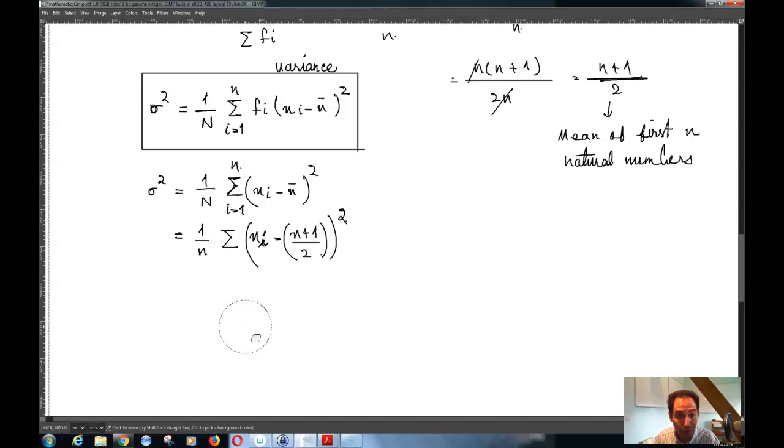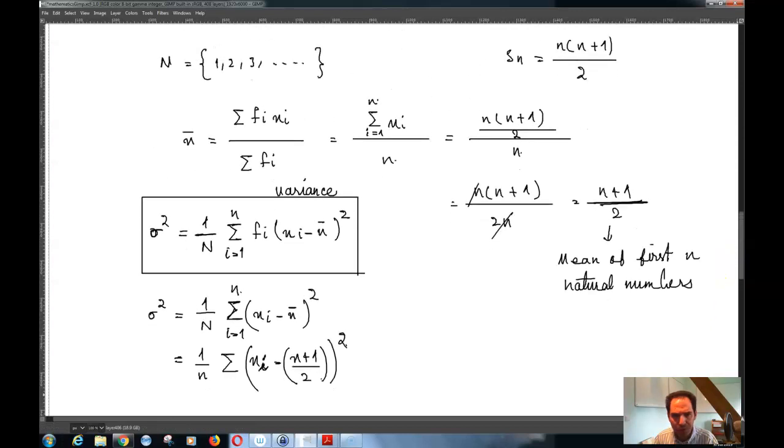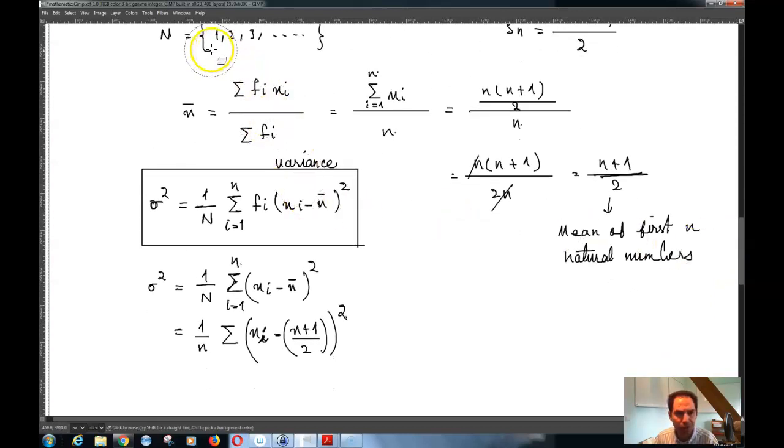Our variable here, you can imagine that all of these numbers 1, 2, 3, 4 and so on and so forth, you can call them x of i, right?